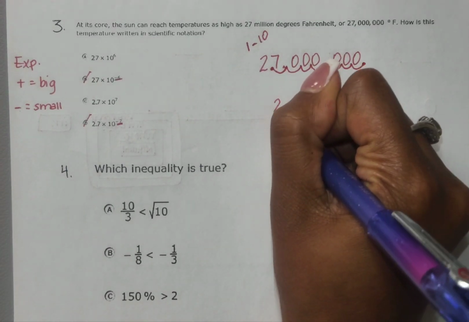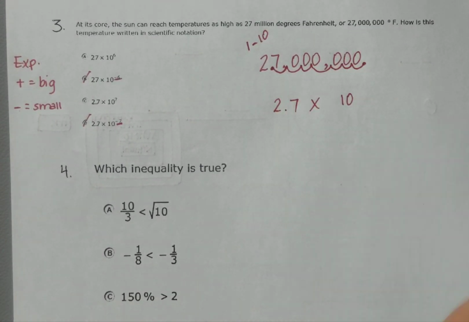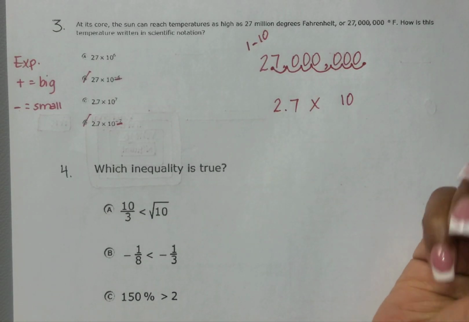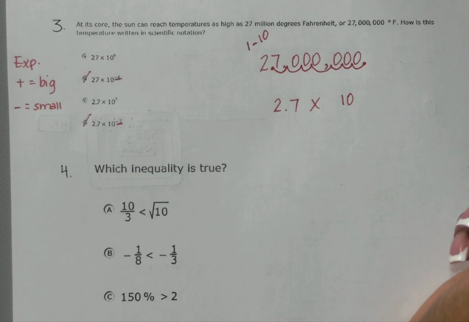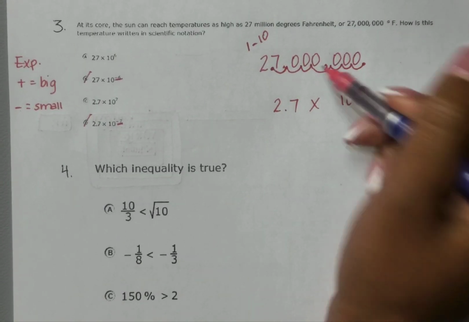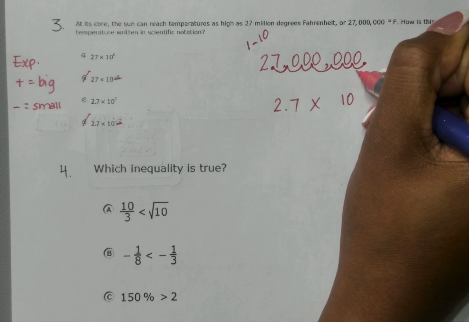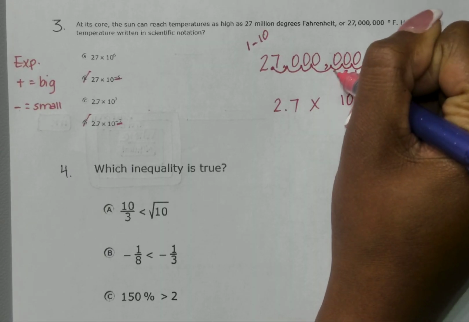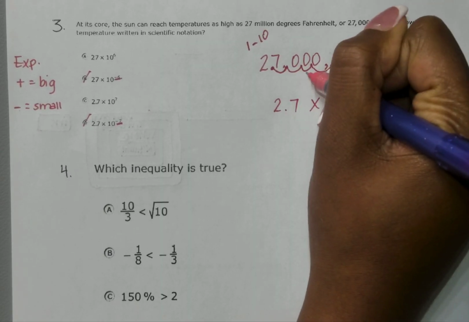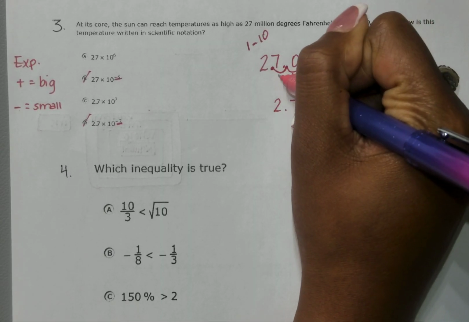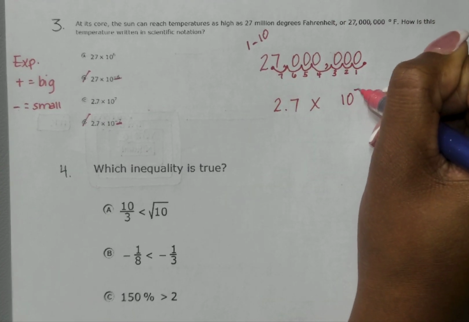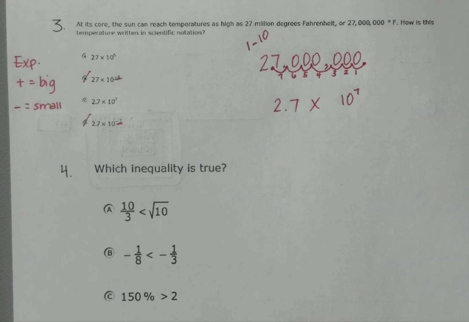So 2.7 will be the number that we multiply by 10 to the power of the number of times you move the decimal. We move the decimal 1, 2, 3, 4, 5, 6, 7 times, so our exponent would be 7. So 2.7 times 10 to the 7th power is the correct answer, which is C.